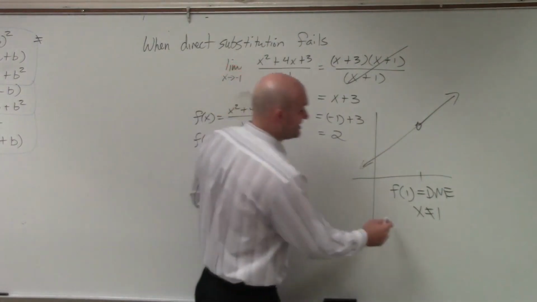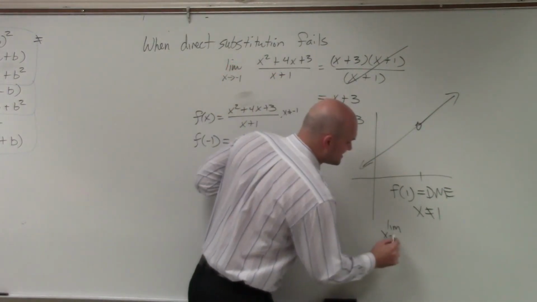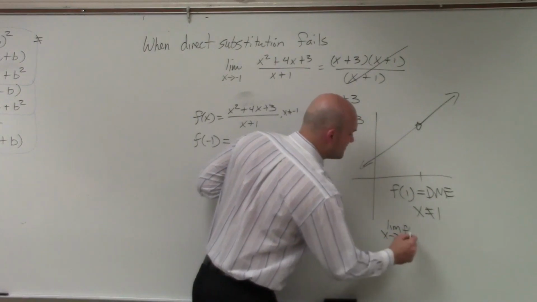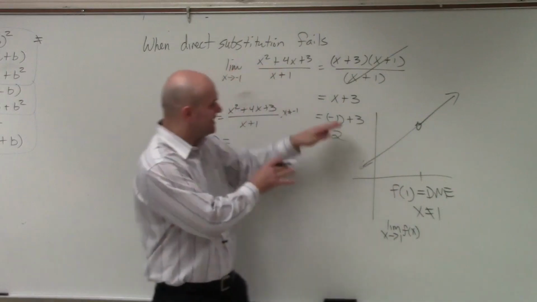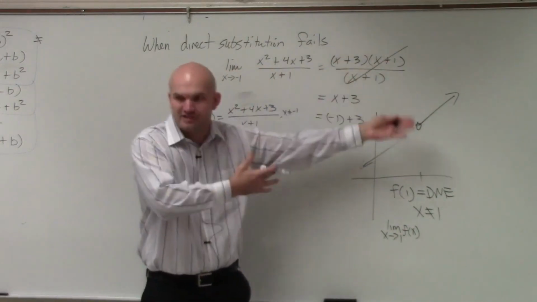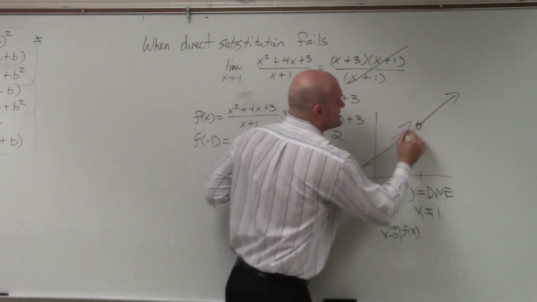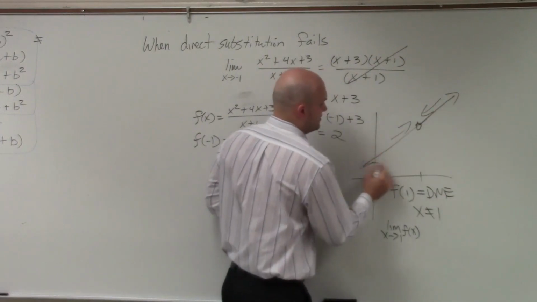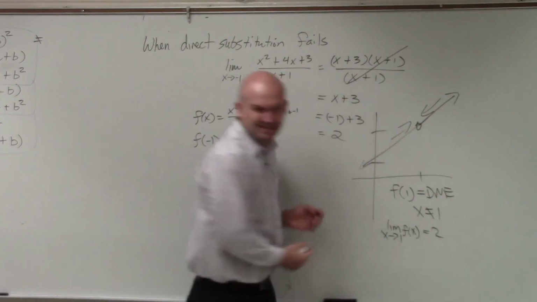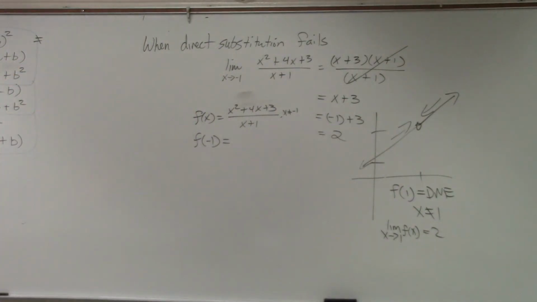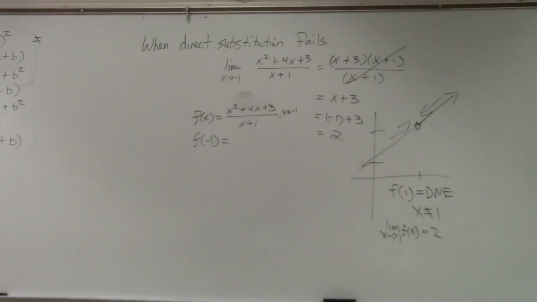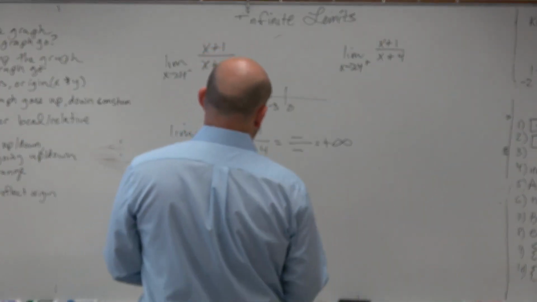However, the limit as x approaches 1 of f of x does exist. So you can still plug it in. I'm just relating the x cannot equal 1 for the function. But we're finding what it is approaching, which let's just say is 2. You see the kind of difference there? So I just wanted to put in that constraint because you probably will see it, because mathematically that's a little bit correct.